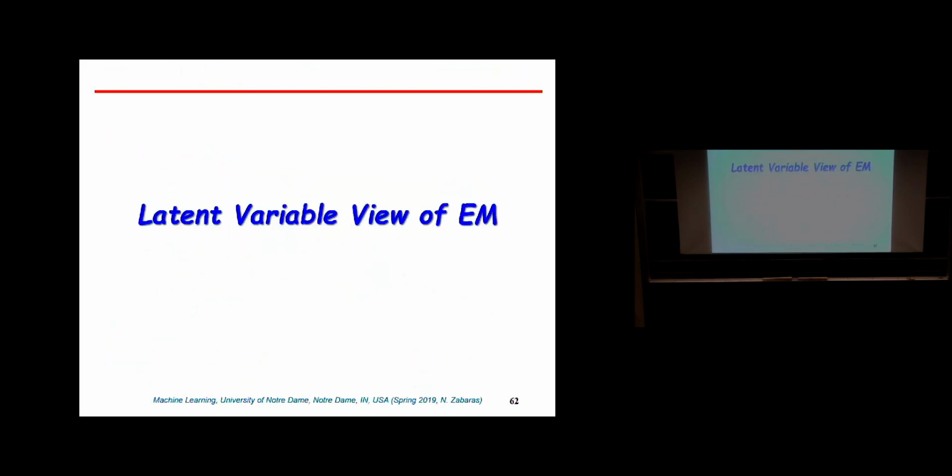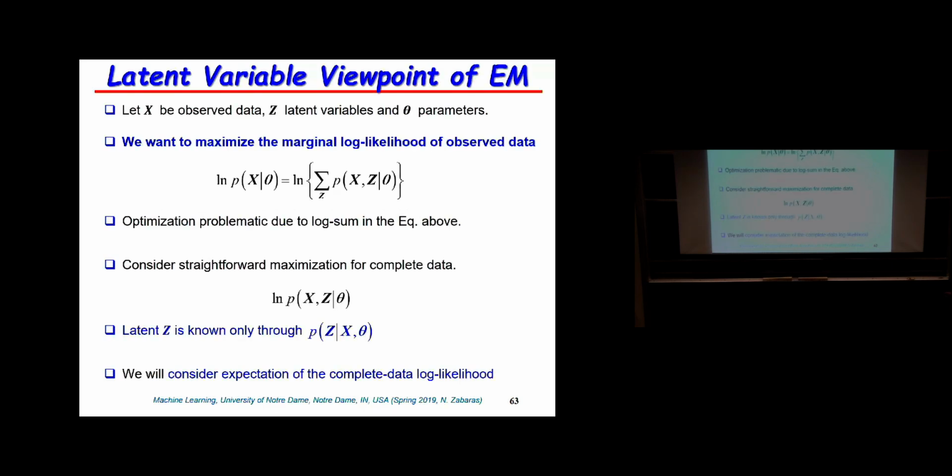So let's talk, nothing sophisticated yet, about an abstract presentation of what we have done up to now. We started basically with the likelihood, this is the log likelihood, and we wrote it in terms of the joint log likelihood, all right?